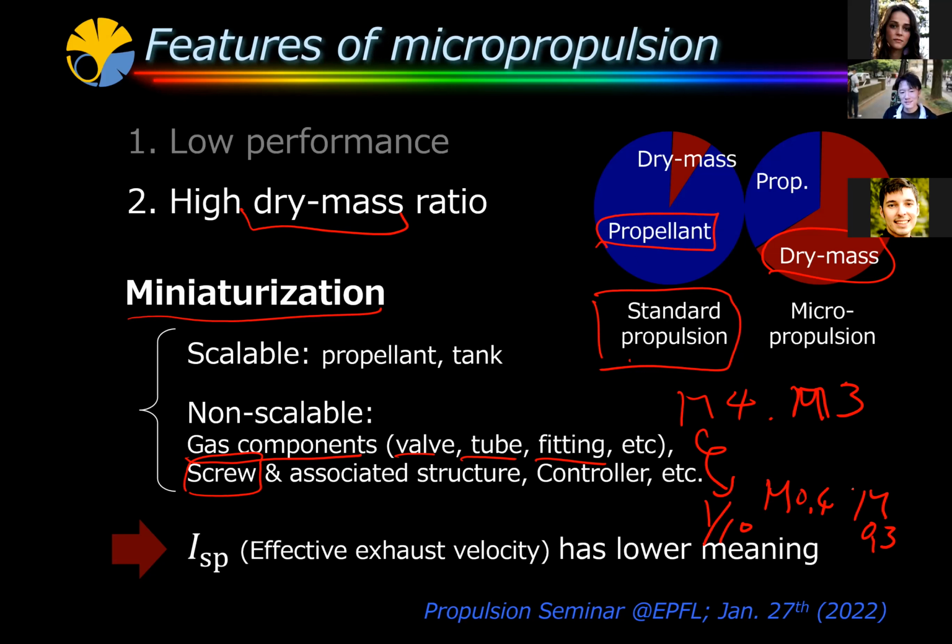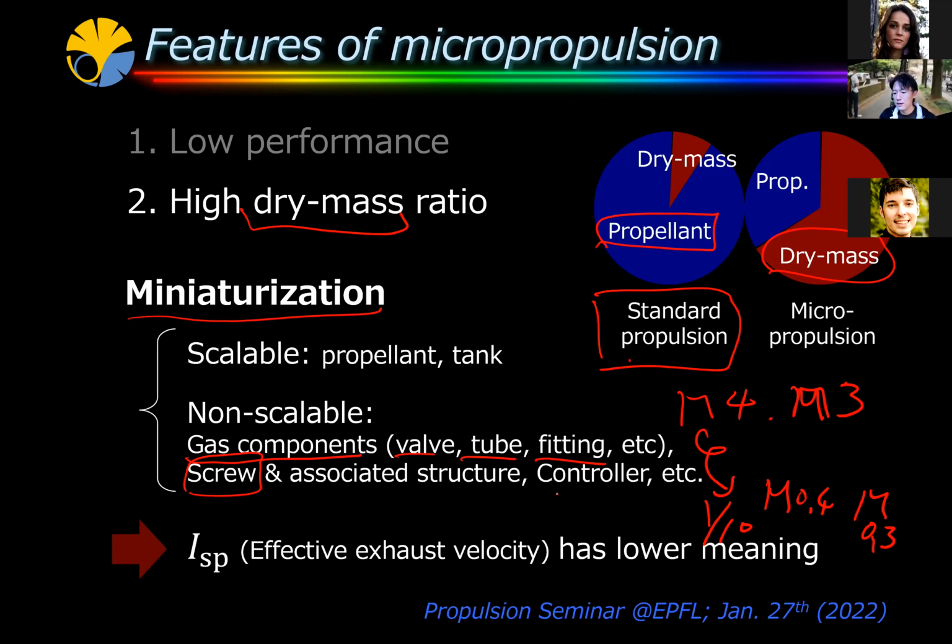Usually it's impossible, or difficult. So even if you scale down the propulsion system, in the case of screws, you have to use M3 or M2 screws. Associated with this screw size, structure size is also not scaled down. So we cannot develop a 1/10 size of all of the things, I mean, wall thickness or cavity size.